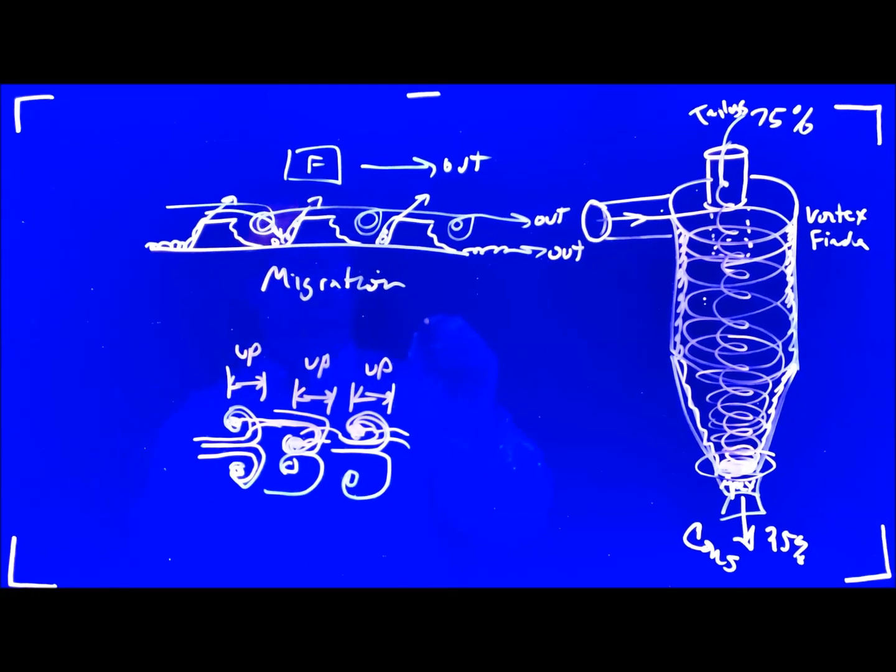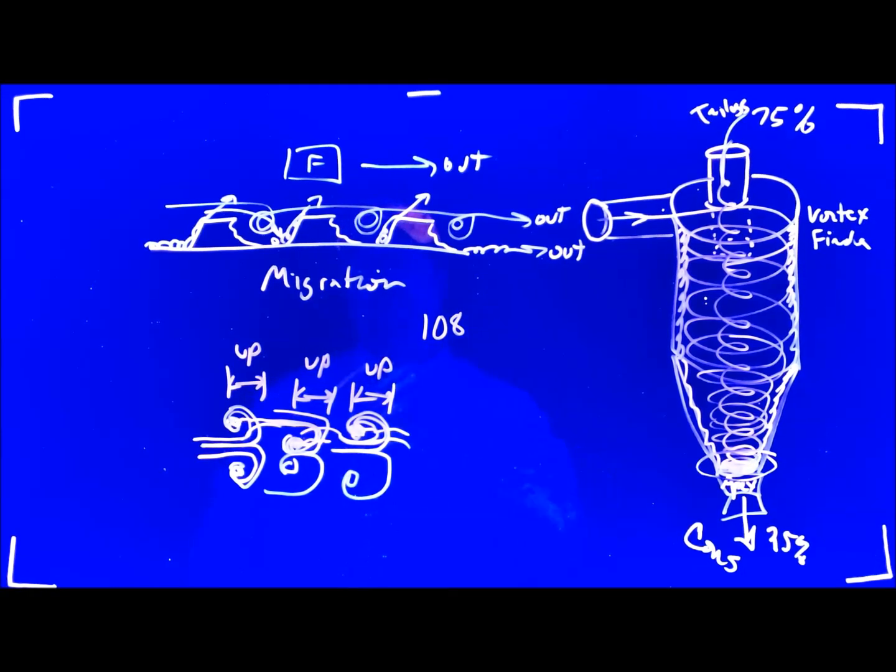So I got 108 of these, or 180, I forget, in a 12-inch mat. So every time the material goes into a Dream Mat cell, it gets moved up. Nothing in the traditional profile up here is doing that. We are moving the material up every time. So that's the big difference with Dream Mat.